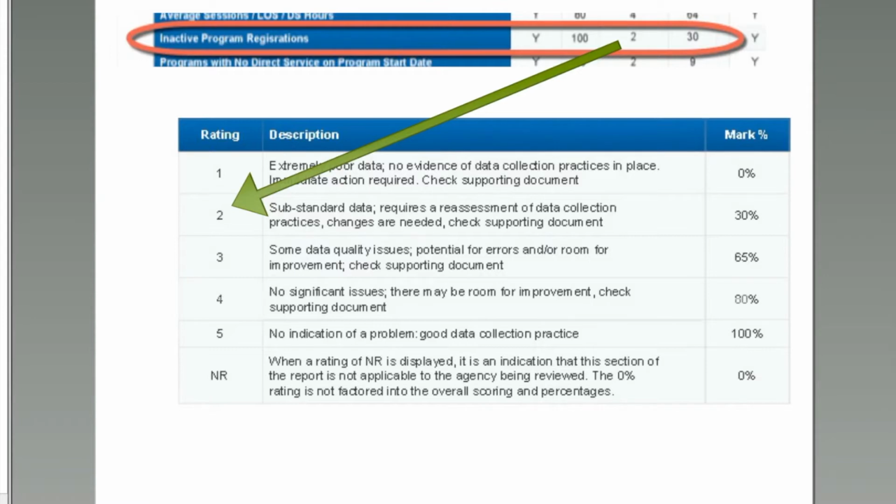This section has been assigned 100 marks. The agency has received a 2. They're going to get 30% of those 100 marks, and that translates back to the 30 that they're assigned on their review for that year for that section. Hopefully that gives you a little bit more of an explanation.